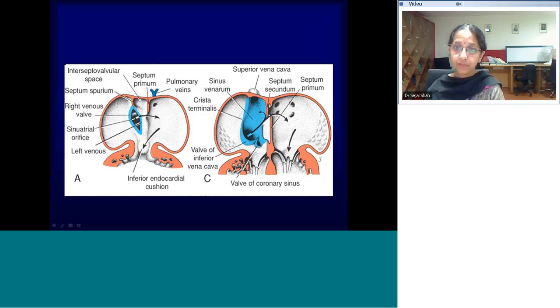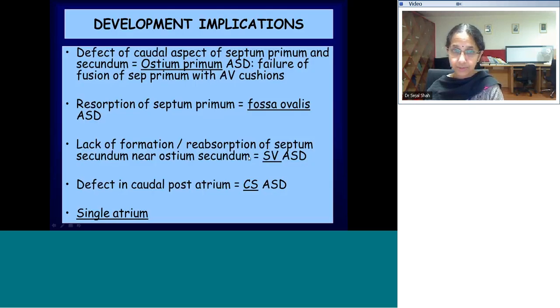Now, if this whole process has a problem, you have different types of defects in the interatrial septum. As we understood, the failure of fusion of the septum primum with the AV cushions is going to give rise to the primum ASD, which is a part of an atrioventricular septal defect. I wouldn't say a type, it's a part of an atrioventricular septal defect.